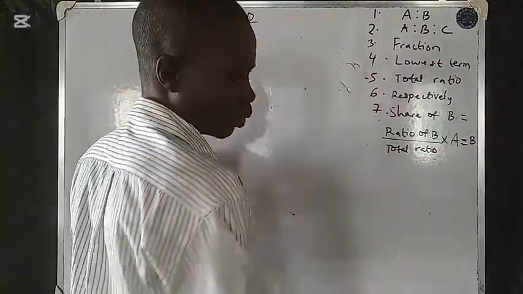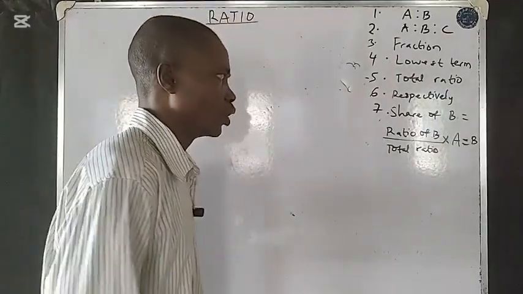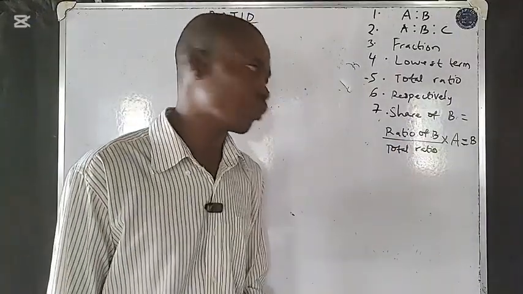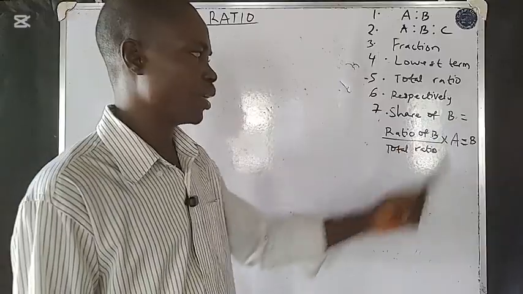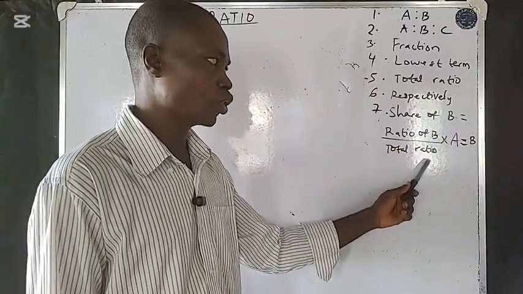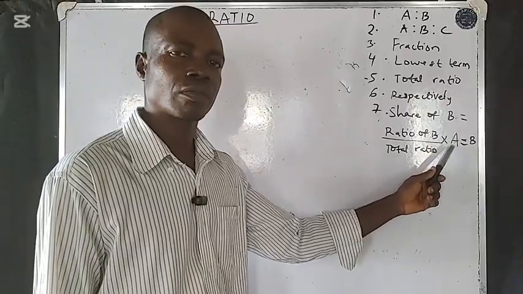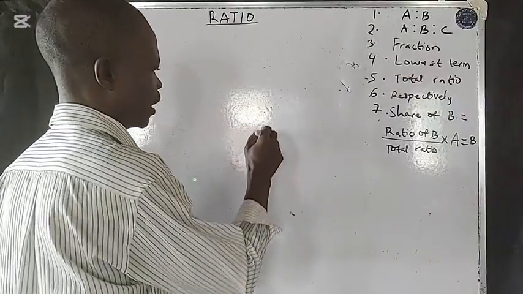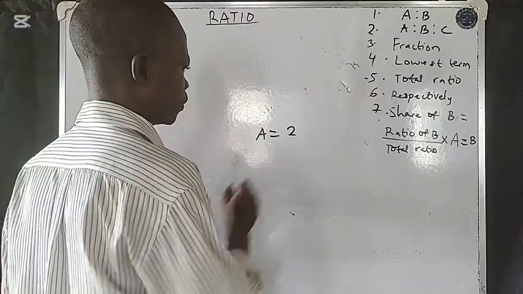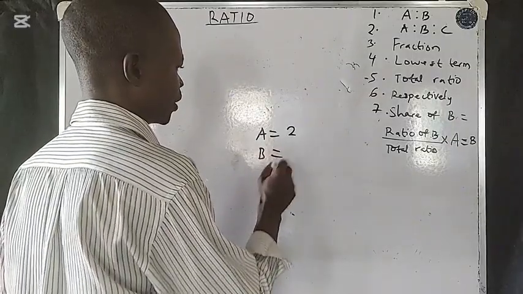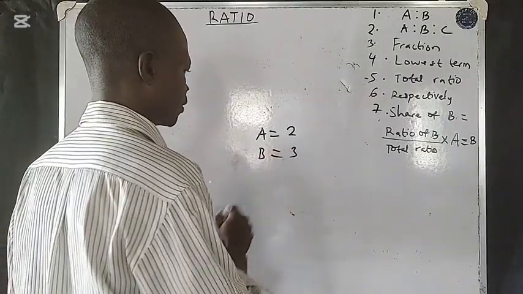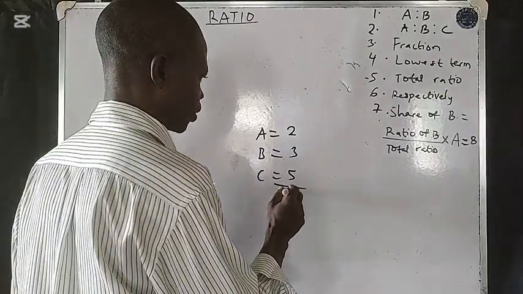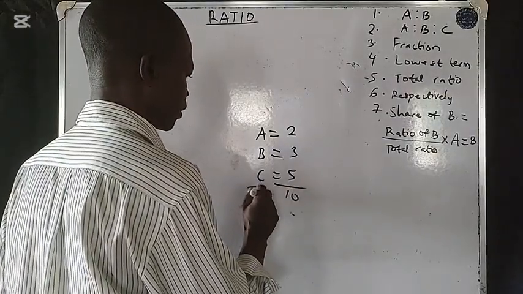Then we move to number 7. To find the share of any person, share of B, for example, we must know the ratio of B over total ratio multiplied by the amount we want to share. Let's say A has ratio 2, B has ratio 3, and C has ratio 5. We find our total ratio, which is going to give us 10.